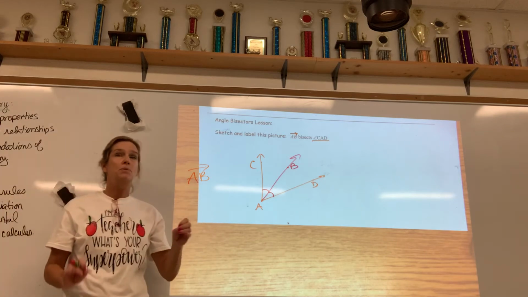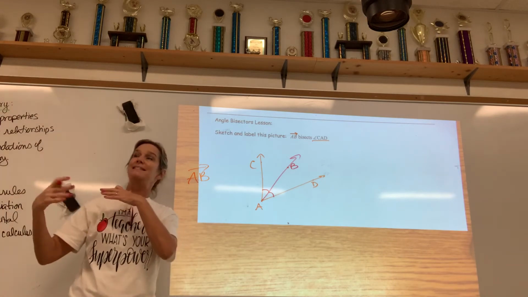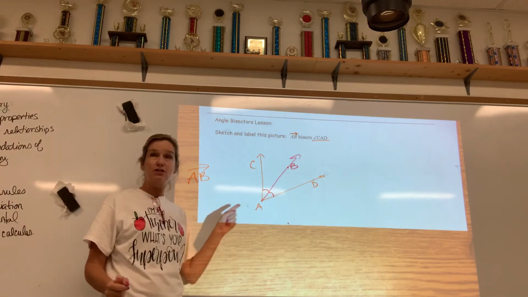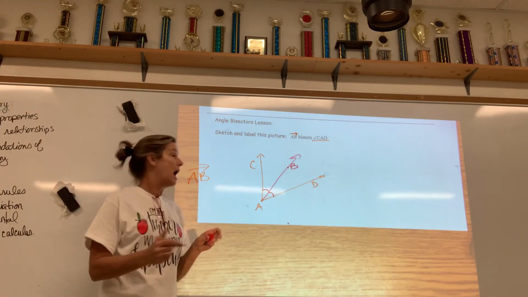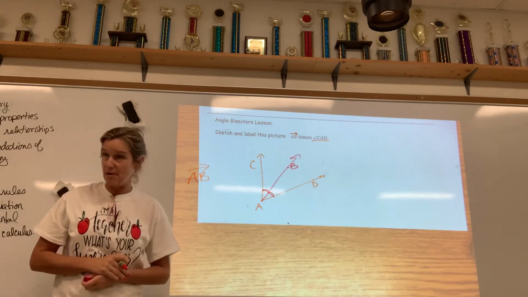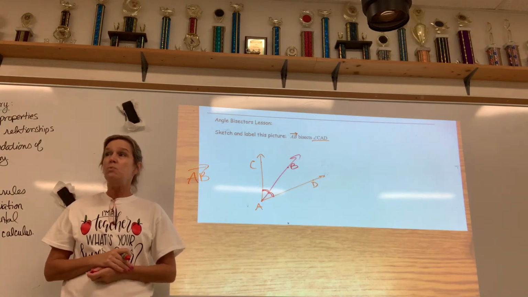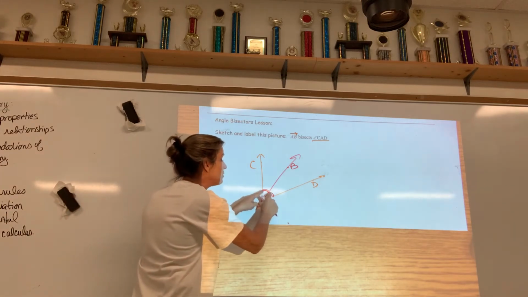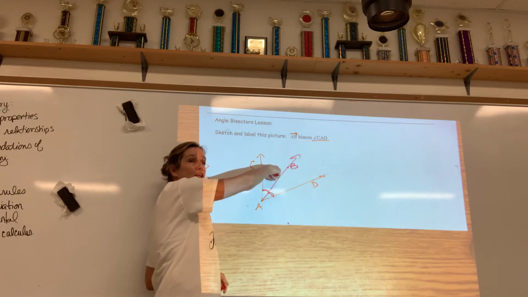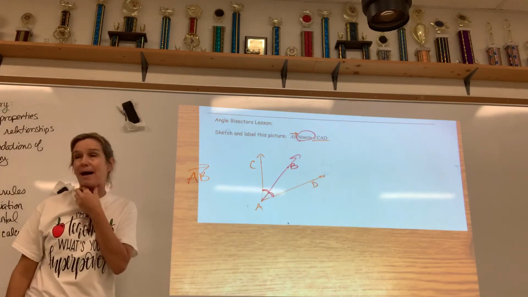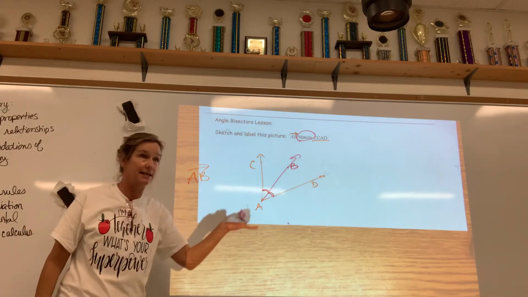Now, different books will denote congruent angles differently. You can either put one arc in each, like I just did. I could do 2 arcs in each, as long as it's the same number of arcs. That's one way to denote that. That means that these two are congruent, and if they are congruent, then that is a bisector. Just drawing it does not make it a bisector. You have to denote it.